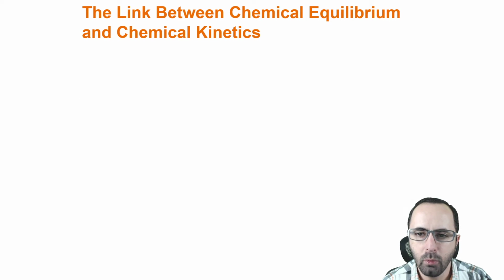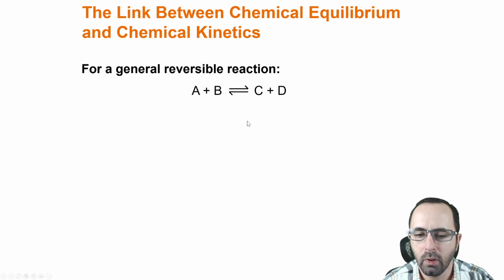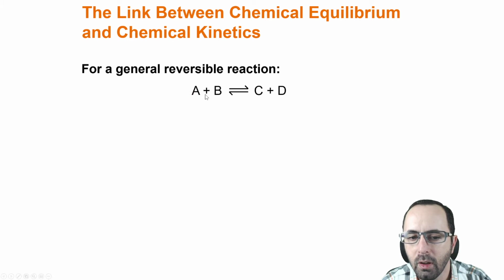So, as we mentioned in chapter 16, the last chapter, there is a link between chemical kinetics and chemical equilibrium, and that has to do with the forward and reverse rates of reaction. So for this general reaction that we see here, notice we've left off the coefficients. Why is this?